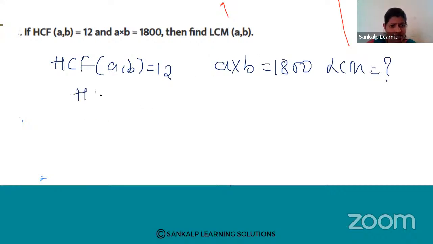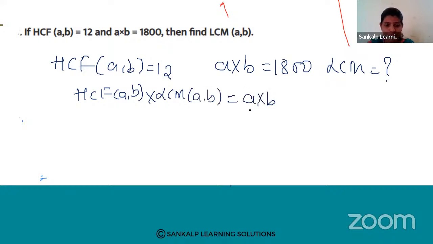So HCF of A and B into LCM of A and B is equal to A into B. This is our formula.